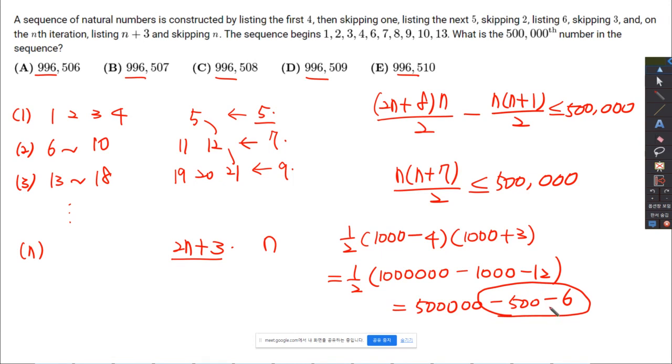There will be the less number in the group 996. And to fill this 500,000 number, we need to add the lacking 506. So when we add 506 to 996,000, that will make 506. So the answer is A.